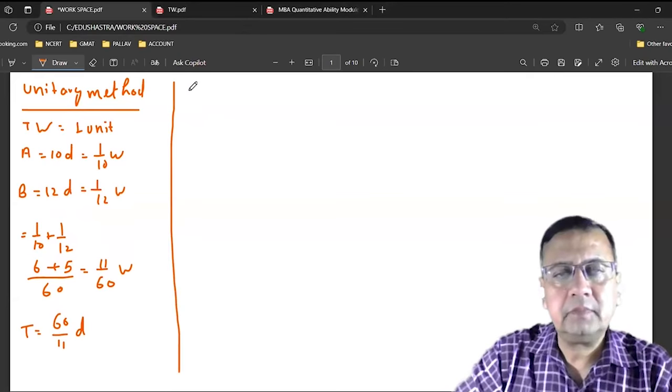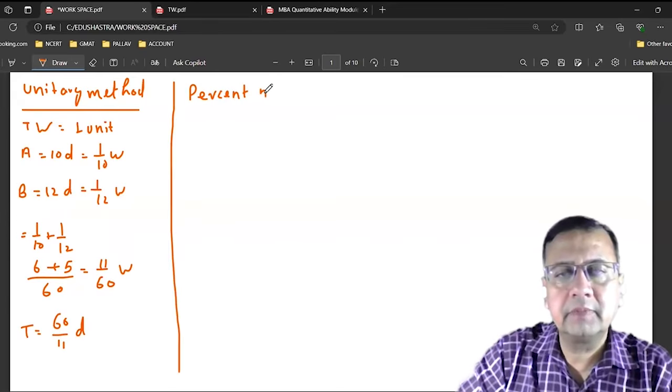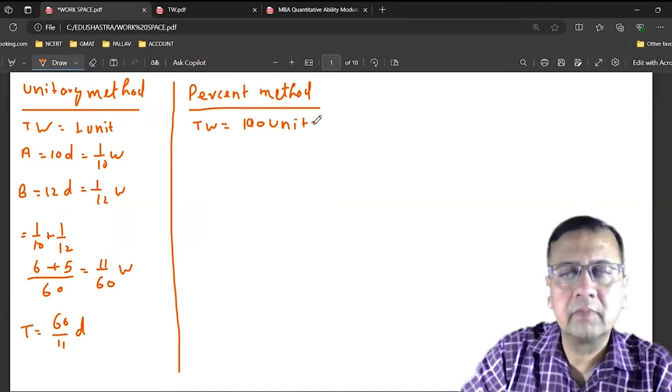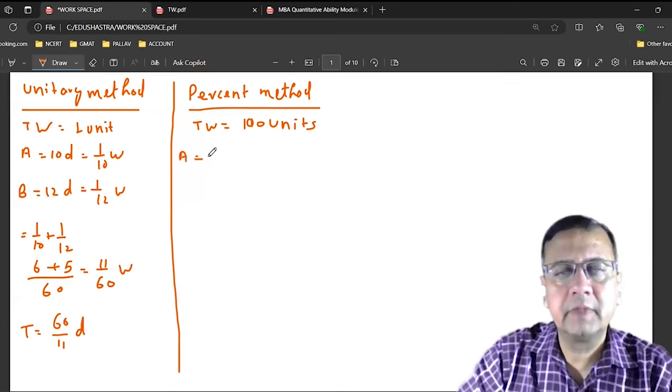Second is the percent method. Right? Here I am considering total work as 100 units. So A is doing a work in 10 days. Done.